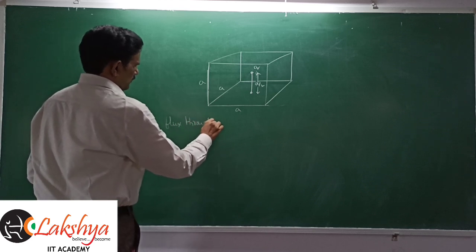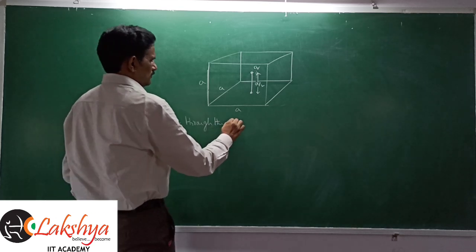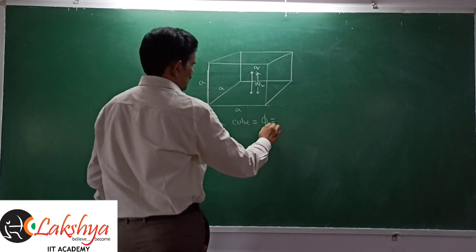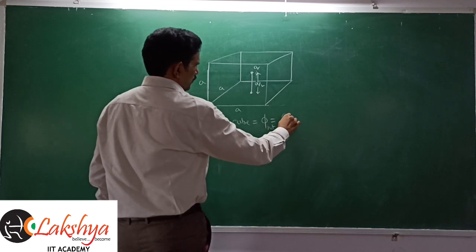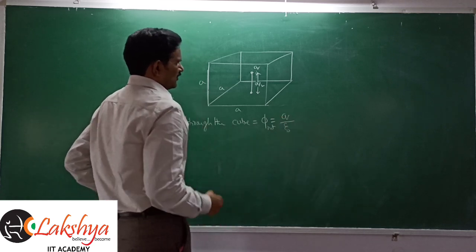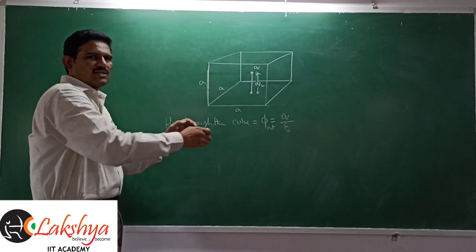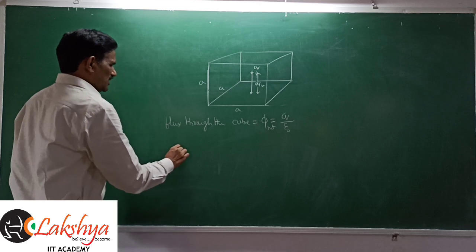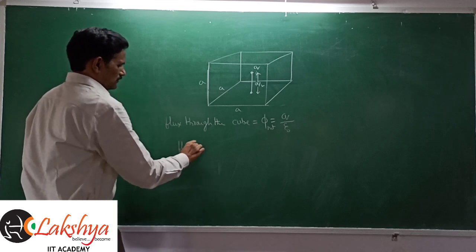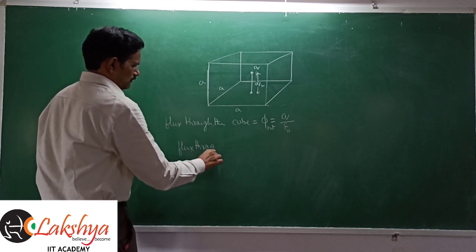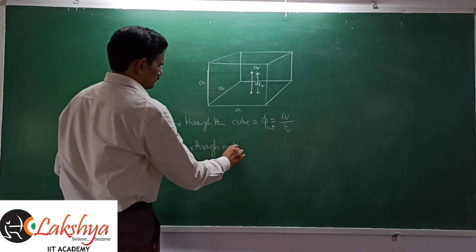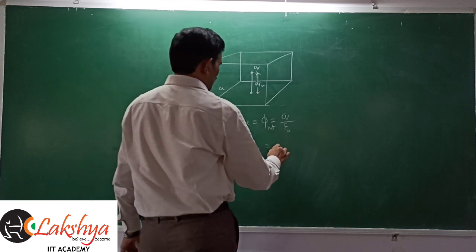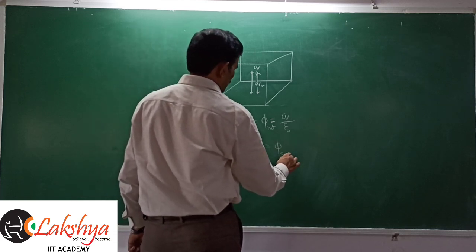Therefore we can write the flux through the cube, this is the net flux, as q by epsilon naught, because now the charge q is completely enclosed by that cube. Now the flux passing through each face is nothing but the flux passing through the given square here.